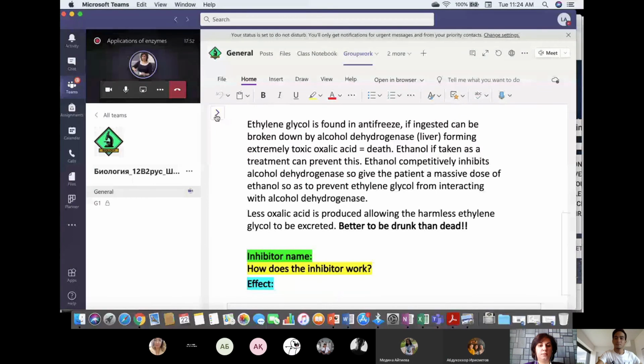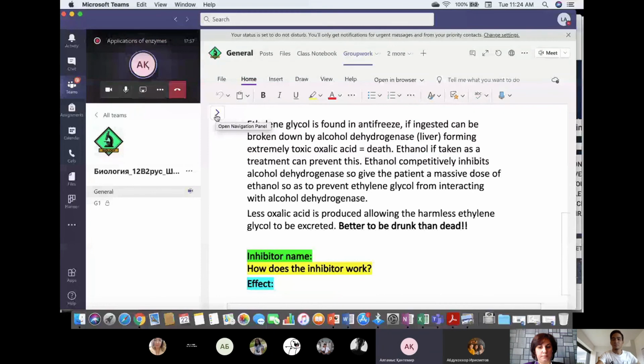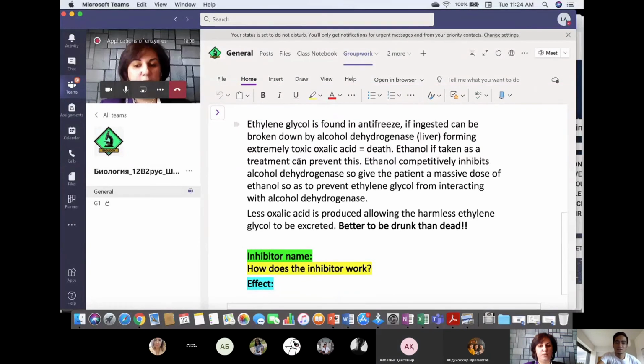My screen went black. I need to reconnect the Wi-Fi now. Okay, Mr. Leo, yes. Alpamas has some problem with internet connection.